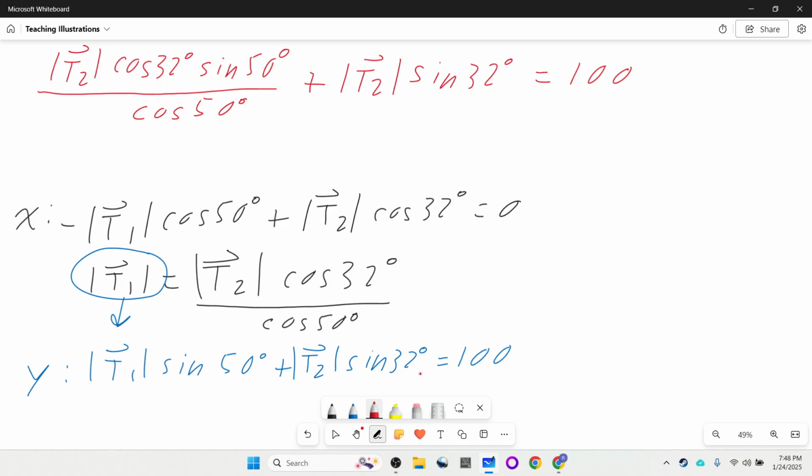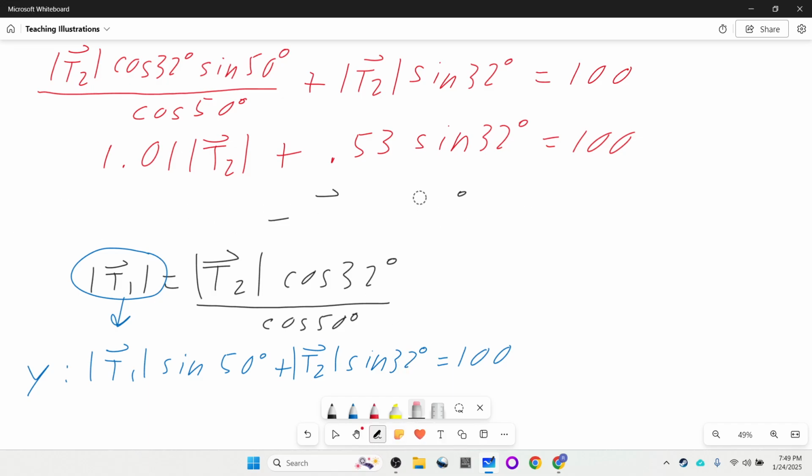Cosine 32, sine 50, divided by cosine 50, gives me 1.01 length of t2, plus sine of 32 is 0.53 times the length of t2, equals 100.